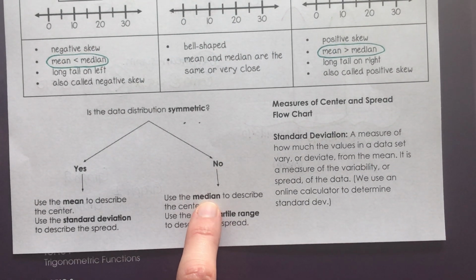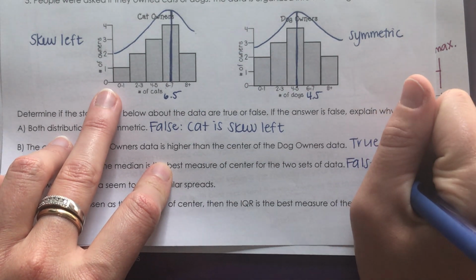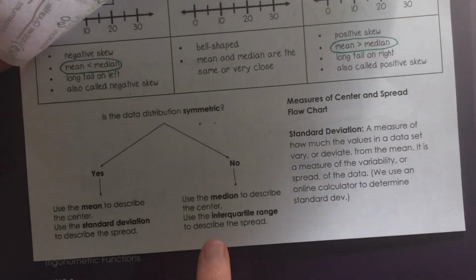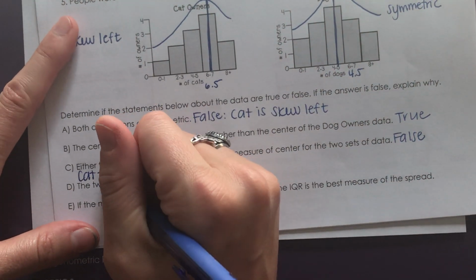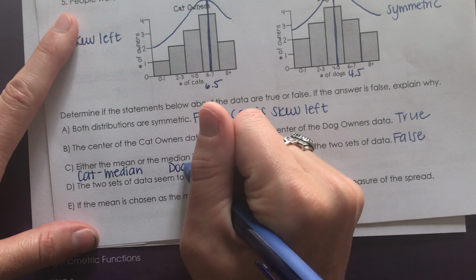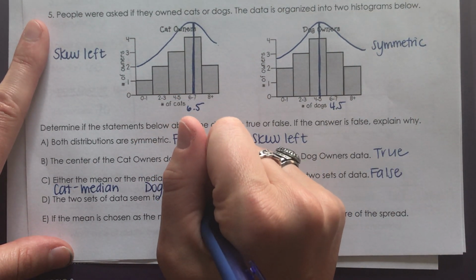I can't use the mean. I must use the median. So this would be false. So for the cat one, I want to use the median. And for the dog one, because it is symmetric, I'm going to want to use the mean.